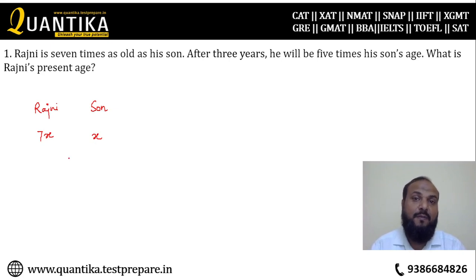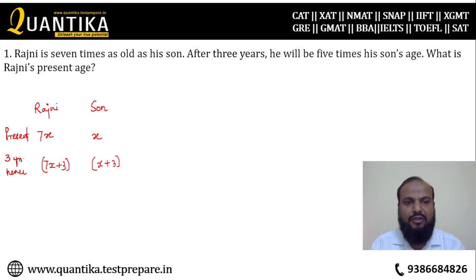After 3 years, so this is present ages, 3 years hence. Now 3 years hence, Rajni will be 7x plus 3 and his son will be x plus 3. Now they have given you that he will be 5 times his son's age. This is what I was trying to make you understand with an example.